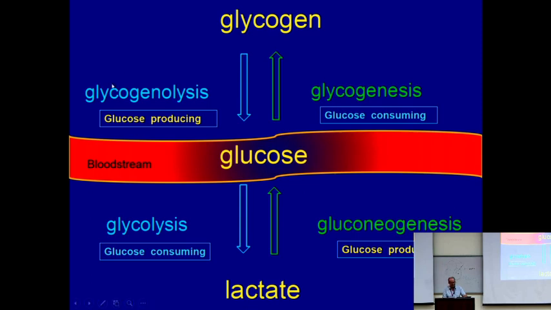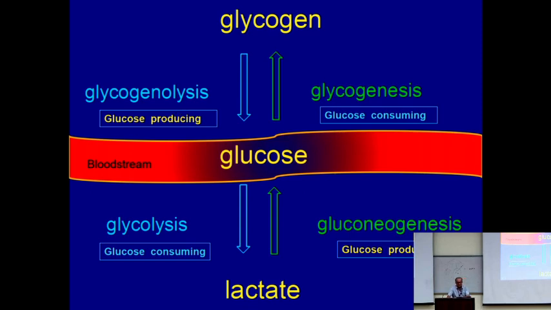If you break down glycogen, you produce glucose, you release it into the bloodstream, it restores the blood level of glucose in the bloodstream. Glycogenolysis or glycogen degradation. Again, that's a glucose-producing pathway.